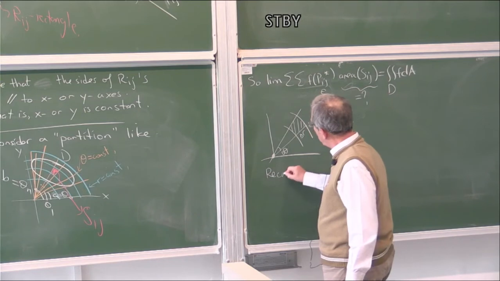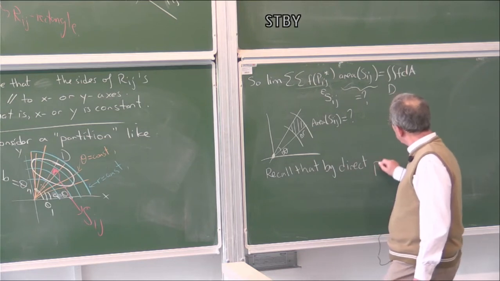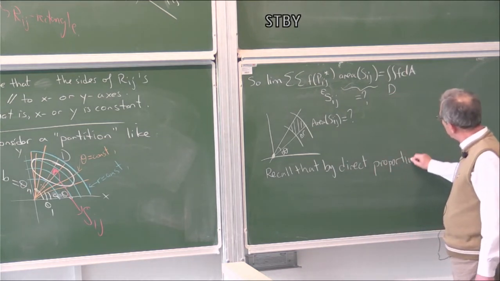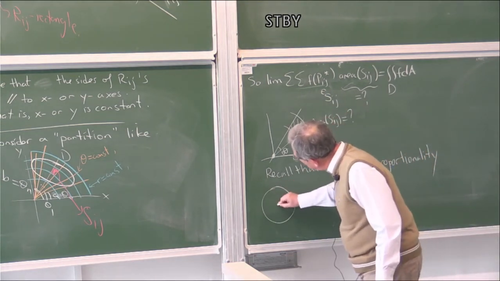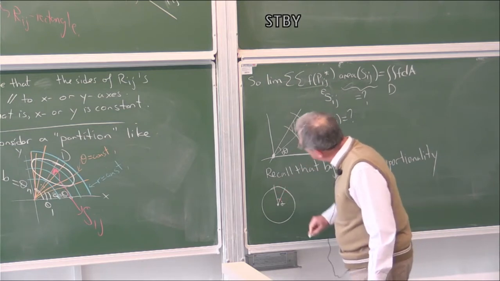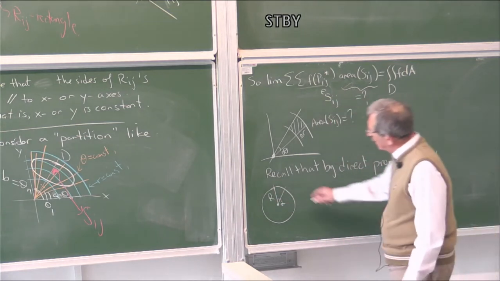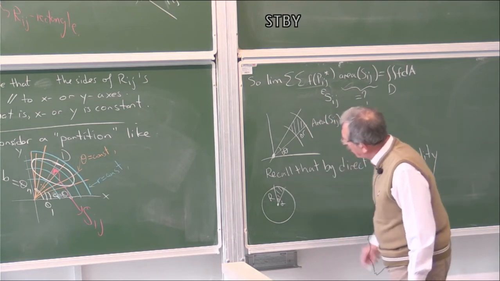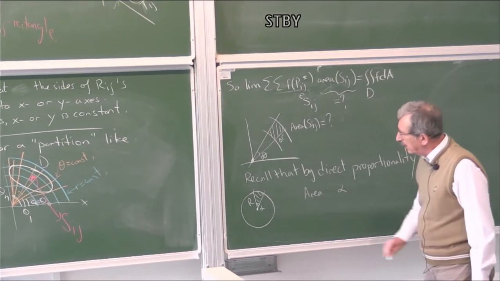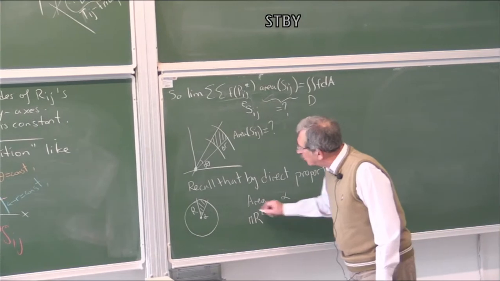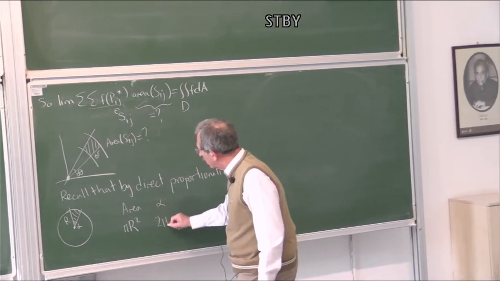Recall that by direct proportionality, in a circle, if you have some angle alpha, and the radius is r, then the area of the wedge corresponds to the angle alpha, and of course pi r squared, the total area, corresponds to the total angle, which is 2 pi.